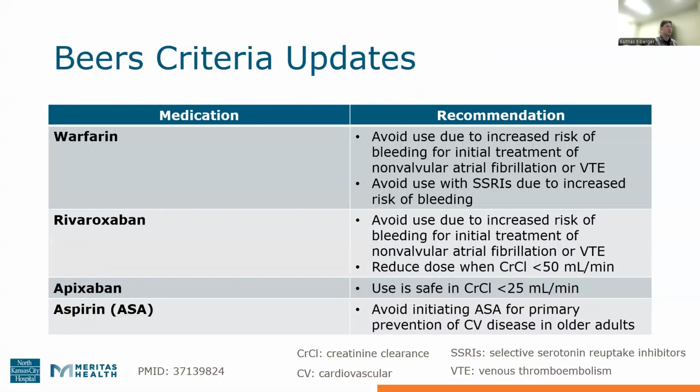The next blood thinner is rivaroxaban, also known as Xarelto. They put out an update that says avoid use, the same as with warfarin, due to increased risk of bleeding for initial treatment of non-valvular atrial fibrillation or VTE, blood clot.